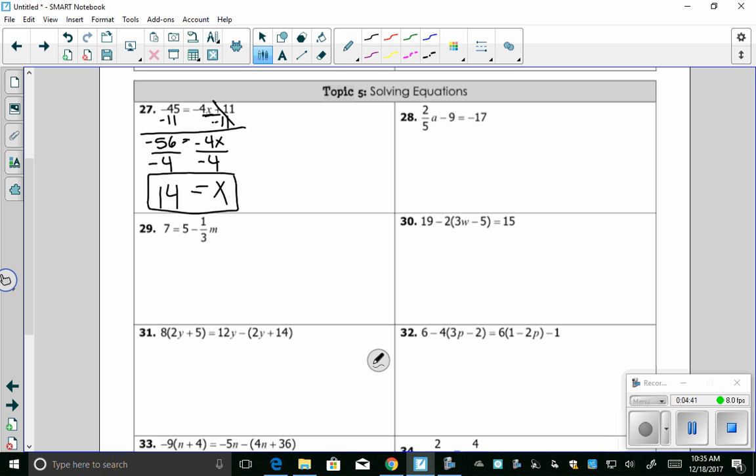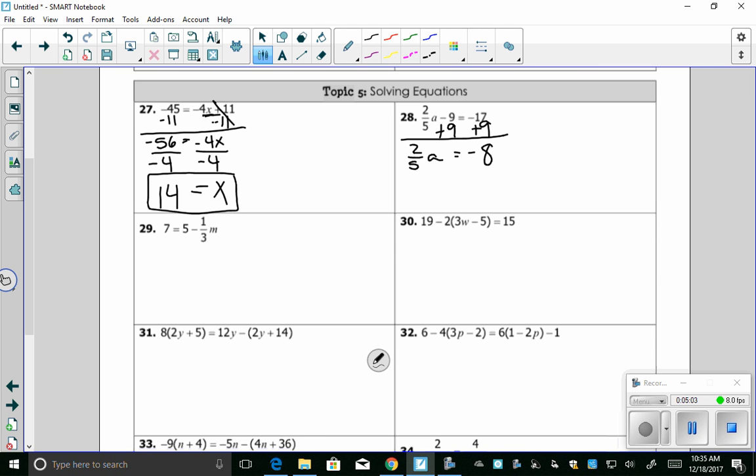Number 28. I have 2 over 5 times a minus 9 equals negative 17. First thing I have to do is add 9 to both sides. So that I get 2 over 5a equals negative 8.